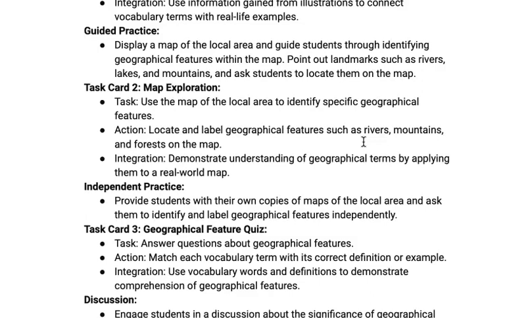And the integration is to demonstrate understanding of geographical terms by applying them to a real world map. For independent practice, provide students with their own copies of maps of the local area and ask them to identify and label geographical features independently.